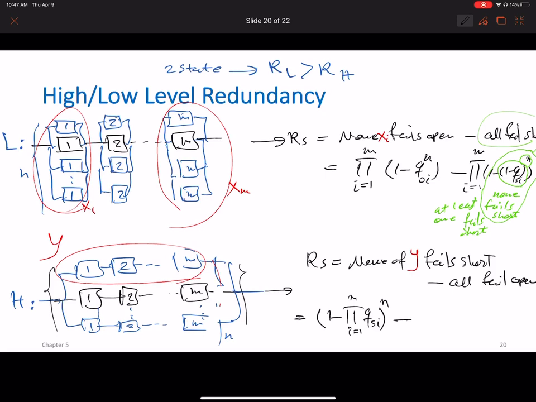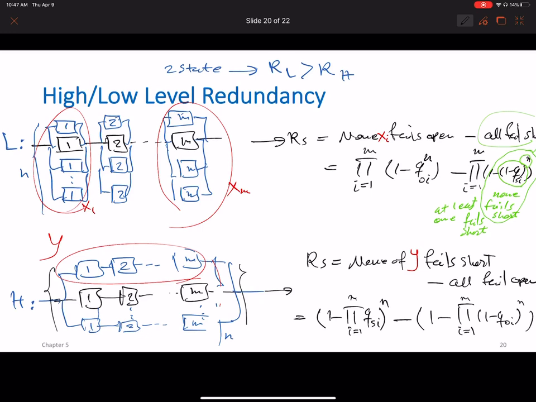Minus all of them fail open. 1 minus the product, i equals 1 to m, QOI, to the power of n.